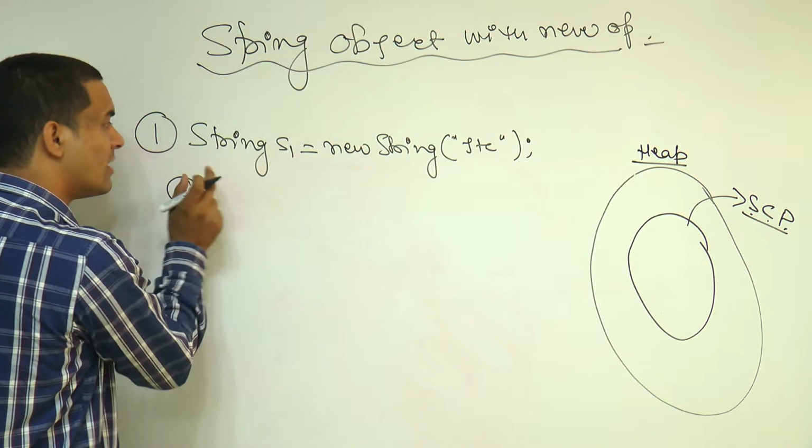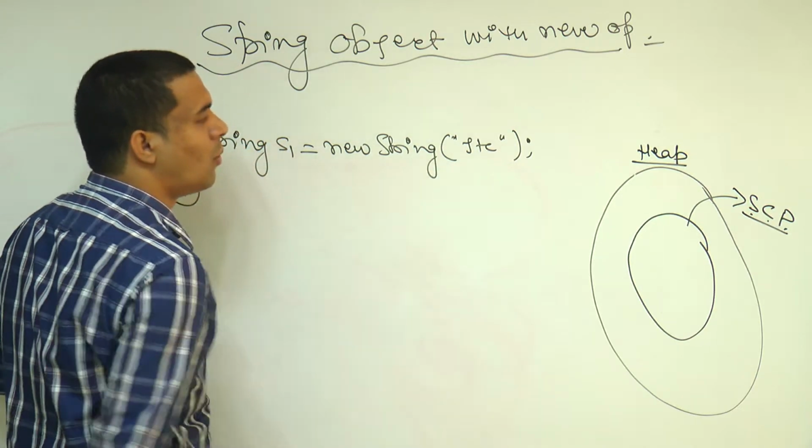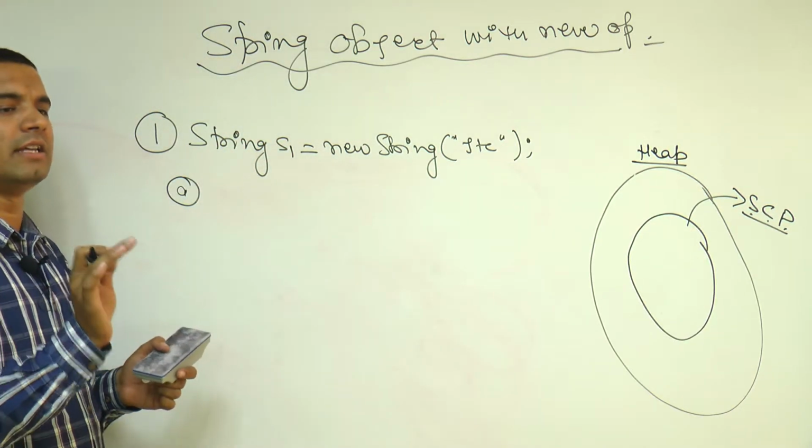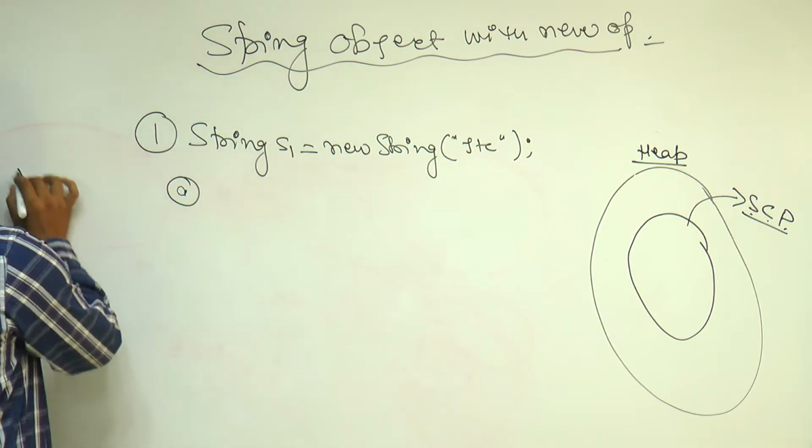A, whenever we create a string object with the new keyword, what all things will be done internally by the JVM?